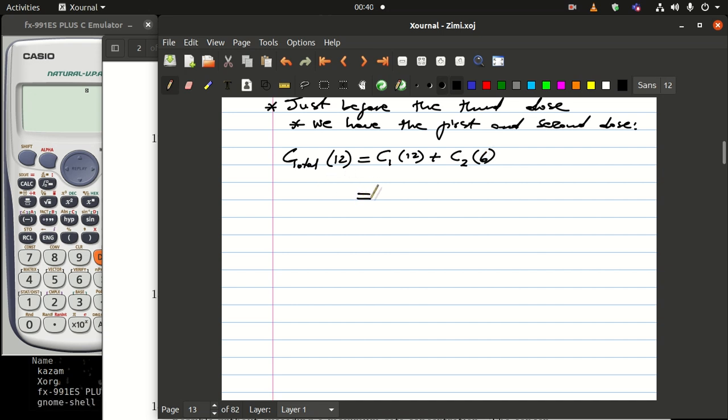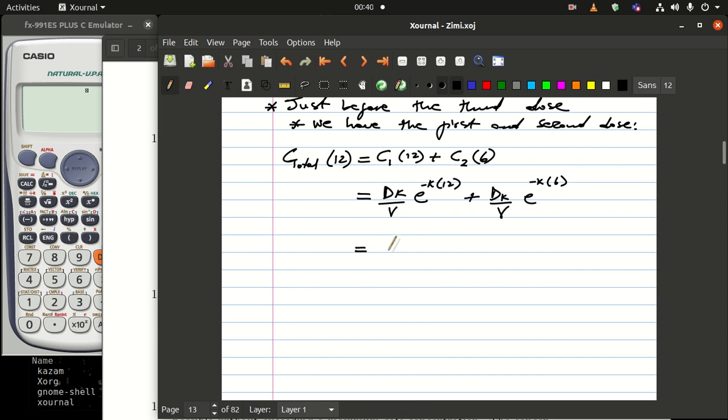And if we are using our equation here, this one is supposed to be Dk over V, and then we have e raised to minus k, but instead of t we have a 12, and then plus, for this one we still have this Dk over V, e raised to minus k, but now we'll have a 6.